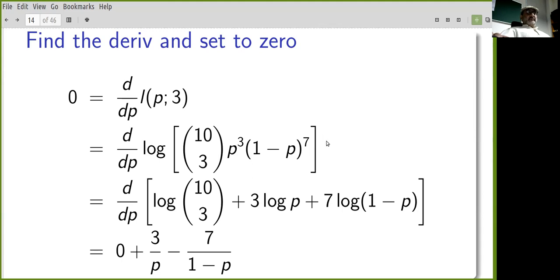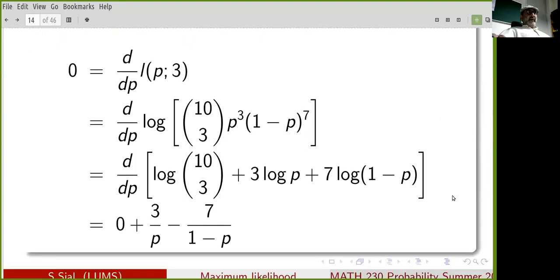Now, by the properties of logs, the log of a product is the sum of the logs. So that's log of 10 choose 3 plus log of p to the 3 plus log of 1 minus p to the 7. And when you have exponents with logs, you can pull the exponents downstairs.